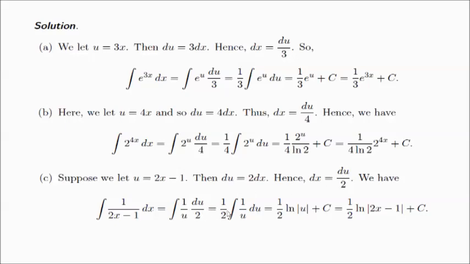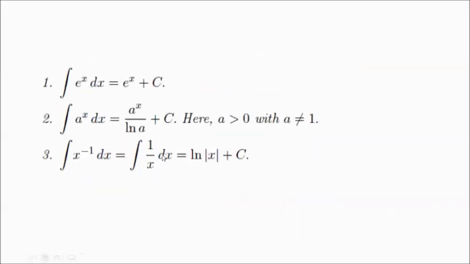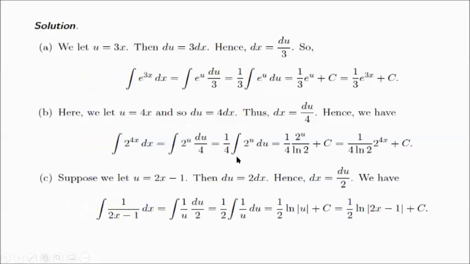Then meron siyang constant, 1/2. 1 over u du, so pwede nang gamitin yung formula. So 1/2 ln u. And then ibalik ulit siya dun sa u. 1/2 ln absolute value ng 2x minus 1 plus c. Okay?